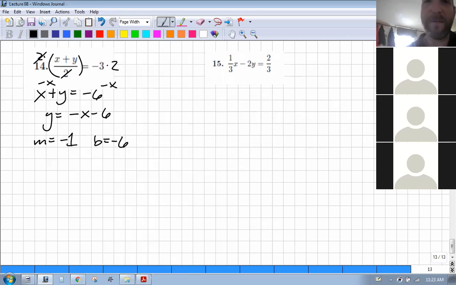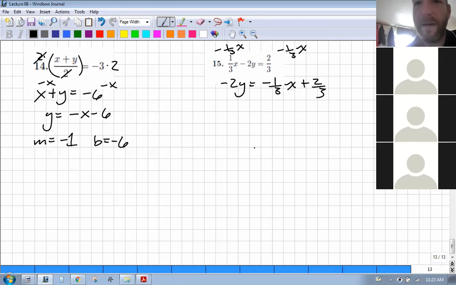All right, this guy, we're trying to get the y by itself. Let's subtract 1/3 x from both sides. It gives us -2y equals -1/3 x plus 2/3. And now let's divide everything by -2.